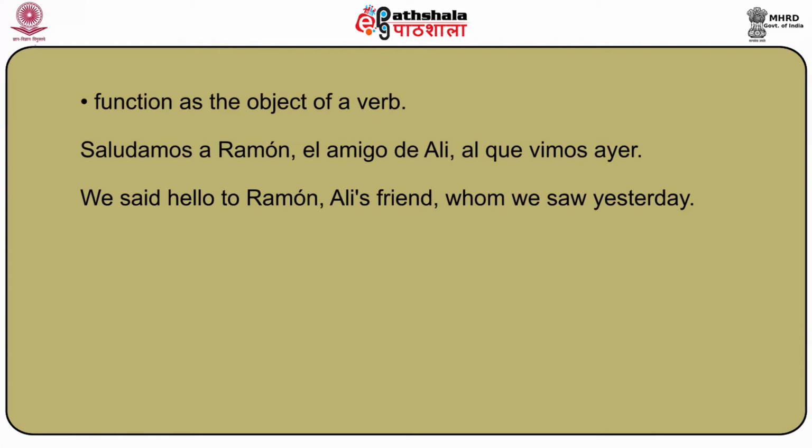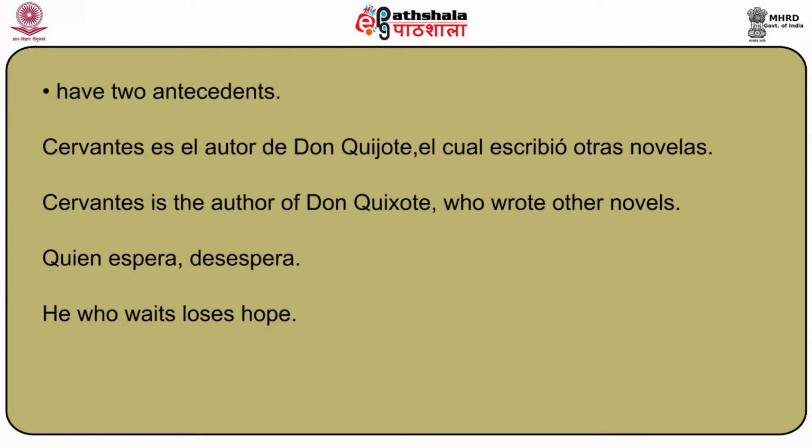We can also use these forms where you have two antecedents. In this usage, they refer to the person physically further away from the pronoun in the sentence. So, when you are referring to a person physically further away from the pronoun in the sentence, then we use these forms.